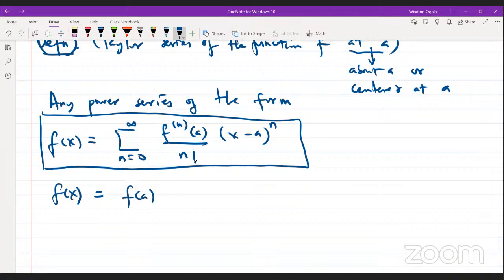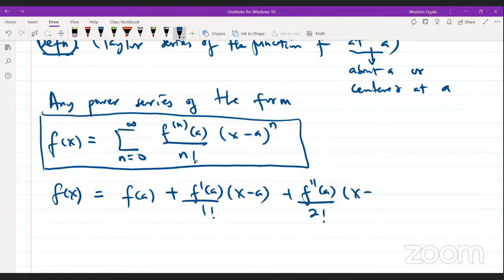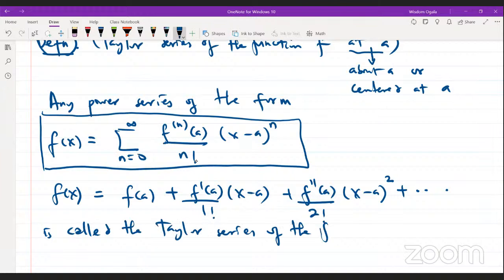That means this is f of a plus f prime of a divided by 1 factorial times x minus a. When n is 2, you have f double prime of a divided by 2 factorial times x minus a squared, and I can keep going. Any power series of this form is called the Taylor series of the function at a. Now, if you're asked, given a function f, what is the Taylor series of the function at a, then you are talking about this guy in the box.